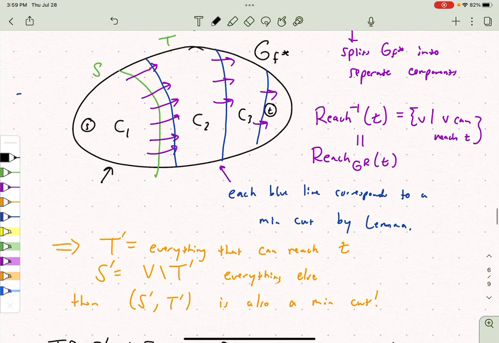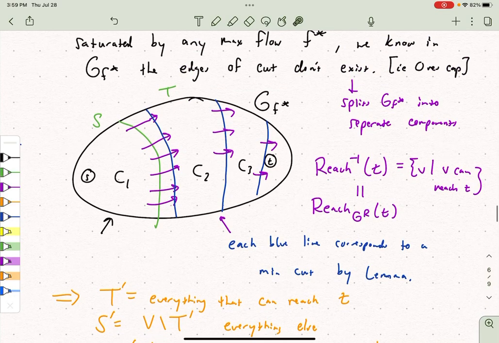So why is that part? Well, it's based on this idea. Every single min cut causes a new blue line to be made, representing all the edges that are fully saturated and so don't appear in G of F star. So if there are no other blue lines, there are no other min cuts. If the only blue line is exactly the same line as the one generated by Ford-Fulkerson, that means there's no other min cuts.